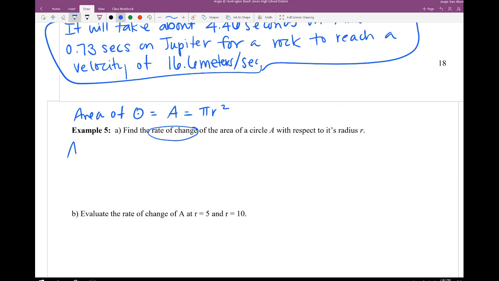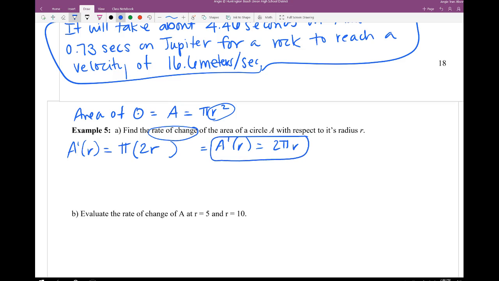Okay, so we can go A prime with respect to radius is, well, pi is a constant, so you can pull pi out and make it wait. The derivative of r squared is 2r. So A prime of r is 2 pi r. Whoa.